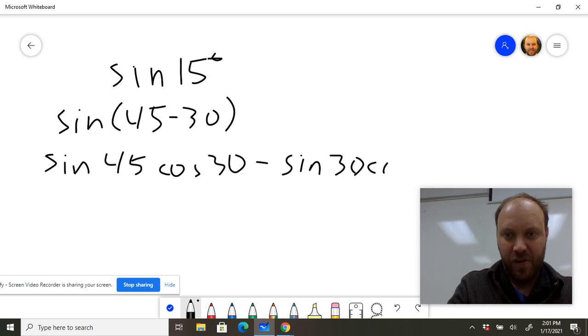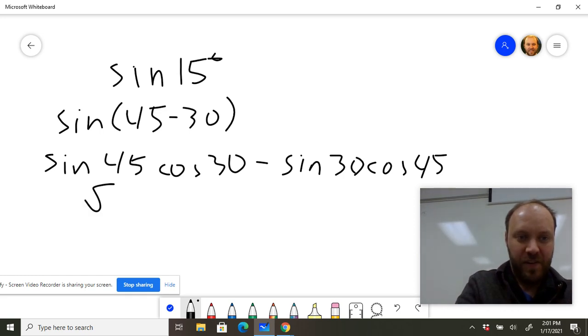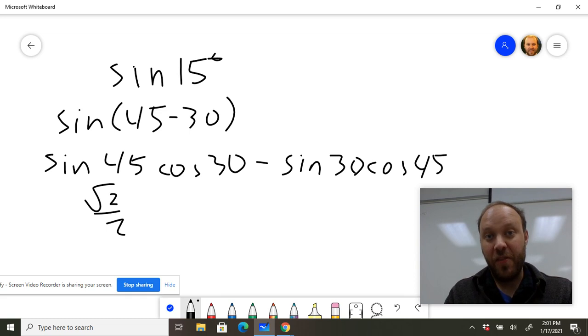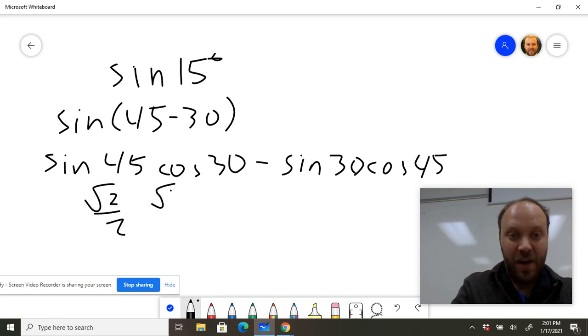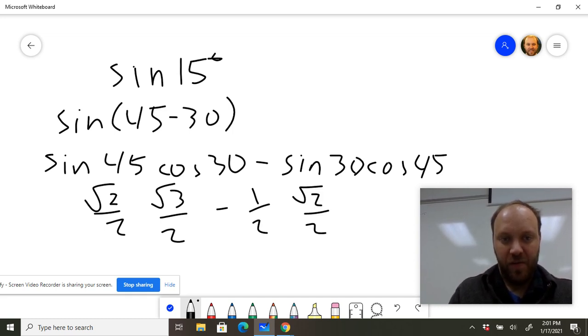cosine of 45. And basically, you can just fill those values in. So sine of 45, hopefully you know that is radical 2 over 2. Cosine of 30 is radical 3 over 2. And then you're subtracting sine of 30, which is a half, times the cosine of 45, which is radical 2 over 2.